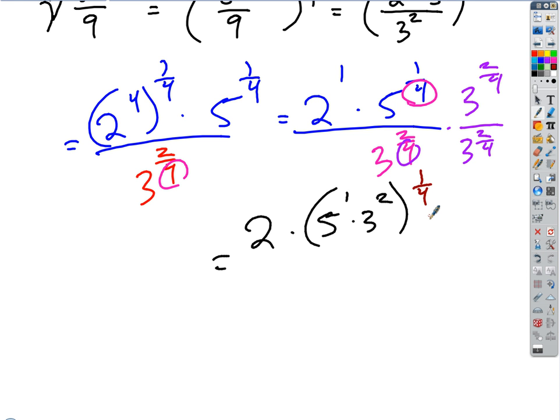The other way I could have done that is not written it as 3 squared. Then it would have been 9 to the 1/4. Everybody see that? If I have 5 to the 1/4 times 9 to the 1/4, isn't that just 5 times 9 to the 1/4? That's all 3 squared is, right? Get the idea? Okay, on the bottom, what do we have?